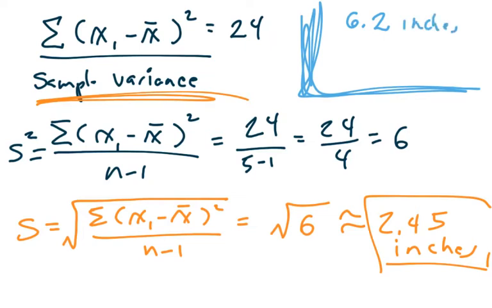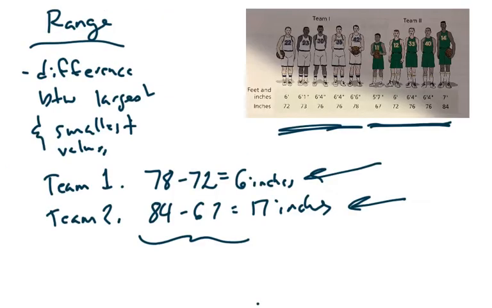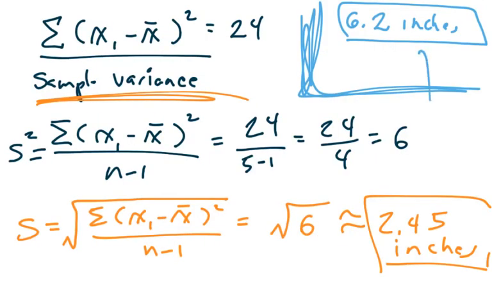Okay? So that's saying that, on average, the heights of players on Team 2 vary from the mean height of 75 inches by 6.2. So what we saw a while ago was that Team 2 is more spread out, right? And that is what this is saying to us. If we compare these two standard deviations of Team 1 and Team 2, we see that the standard deviation of Team 2 is much greater than the standard deviation of Team 1, meaning their data is more spread out.